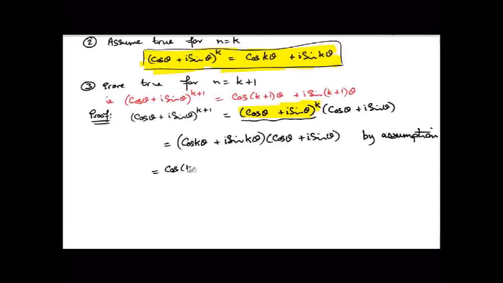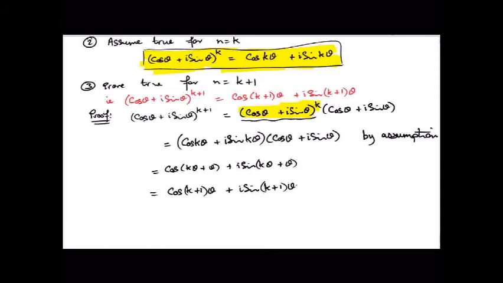So that's cos of (k theta + theta) + i sin (k theta + theta). Now we're done, aren't we? Because all I've got to do now is go cos (k+1) multiplied by theta. In other words, take out that common theta and do the same for the imaginary part. And there we go.